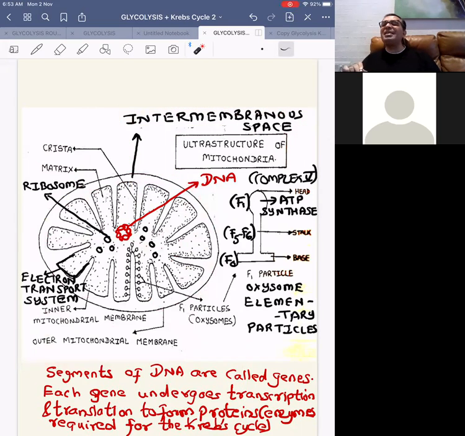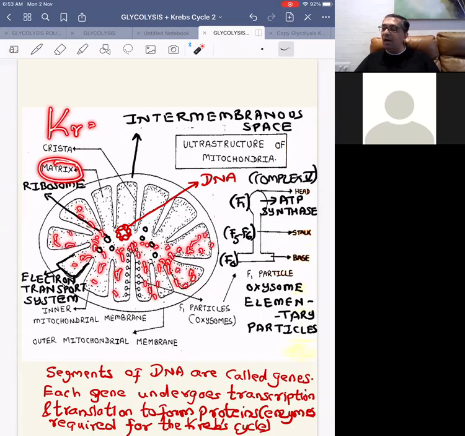अभी सबसे important, we have two mitochondrial membranes with intermembranous space. Inside the mitochondria is found a jelly-like substance, and that jelly-like substance is called the matrix of the mitochondria. In the matrix of the mitochondria takes place the Krebs cycle.